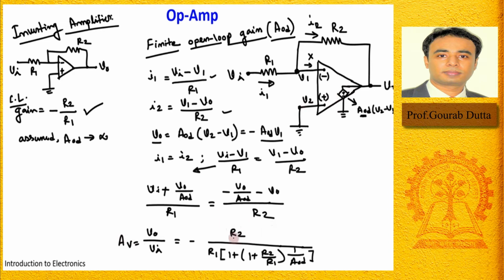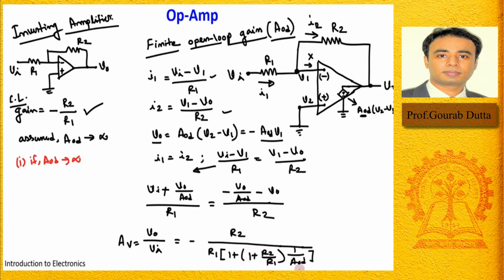Okay. Now here few observations. First observation is, let us write it here. So first observation is, if AOD tends to infinity, see, if this AOD tends to infinity, right, then this part become 0, isn't it?